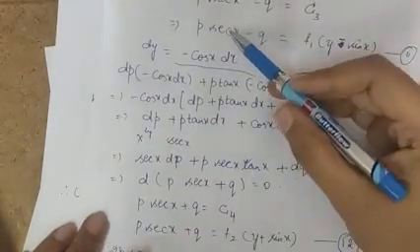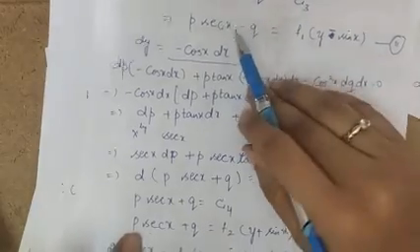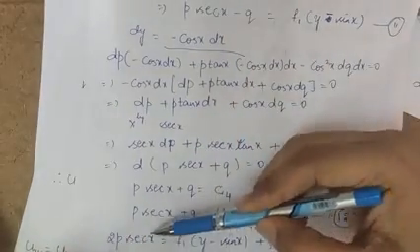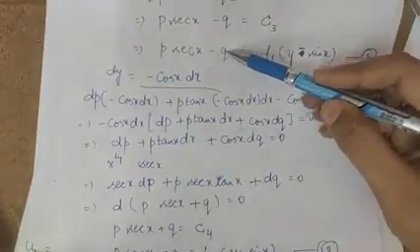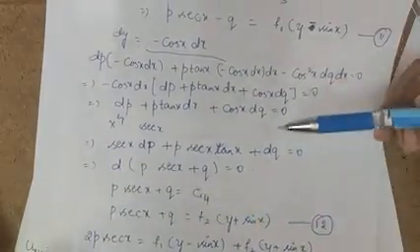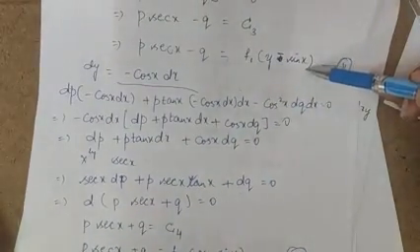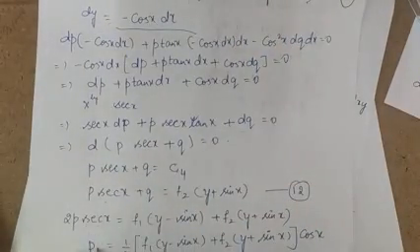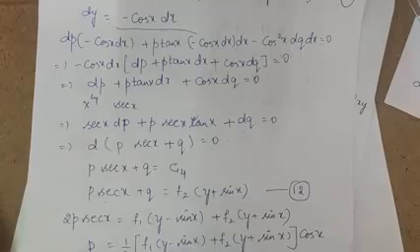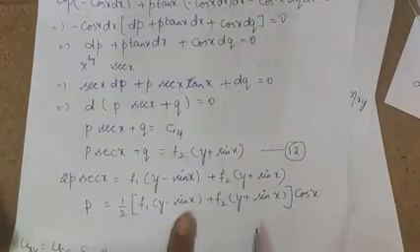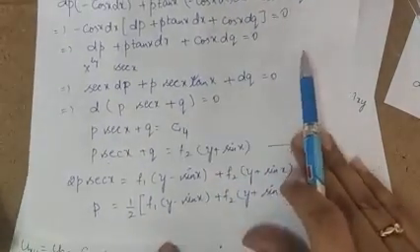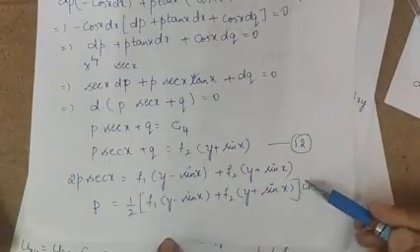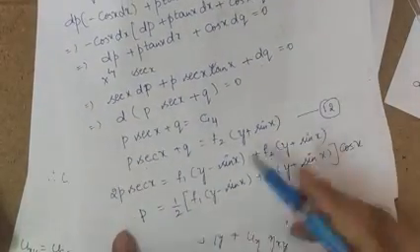That is, p secant x plus p secant x is 2p secant x, minus q plus q gets cancelled, f1 of y minus sin x plus f2 of y plus sin x. So p will be 1 over 2 into f1 of y minus sin x plus f2 into y plus sin x, into 1 by secant x, that is nothing but cos x. This is the value of p.